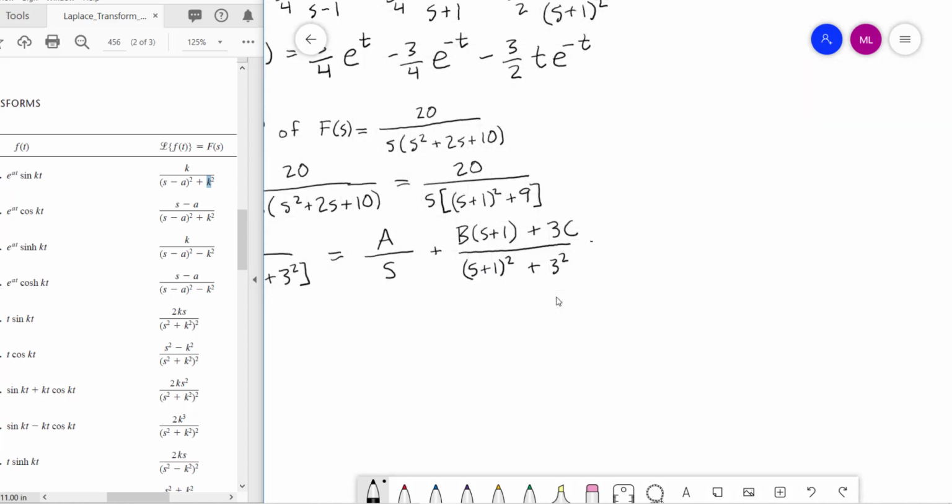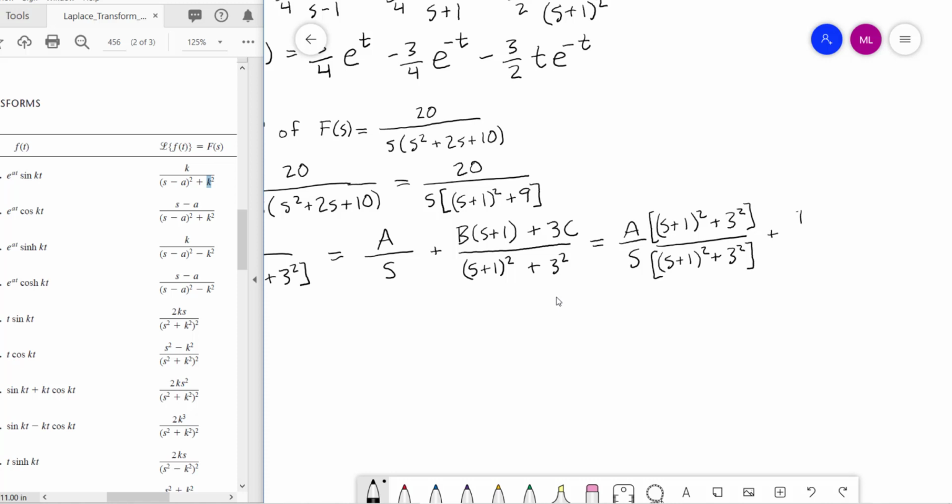And so we will get, in this case, a over s times our s plus 1 squared plus 3 squared over s plus 1 squared plus 3 squared, top and bottom.